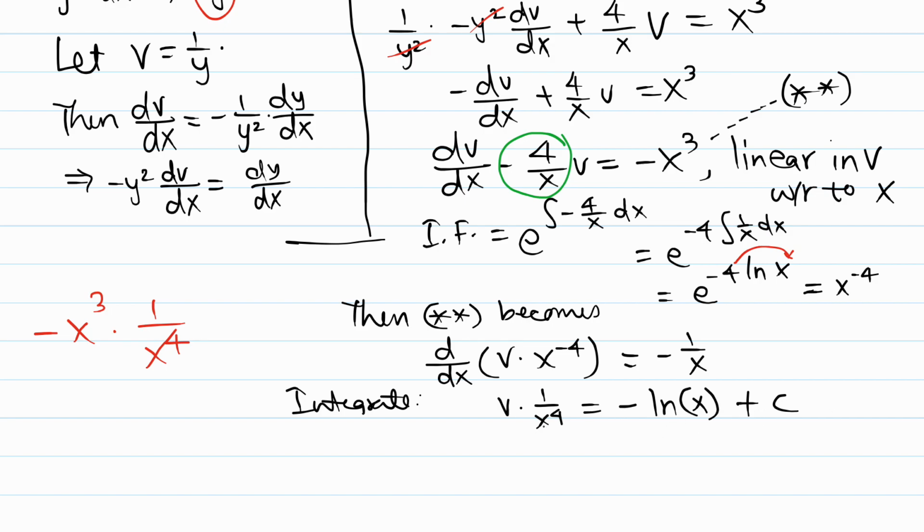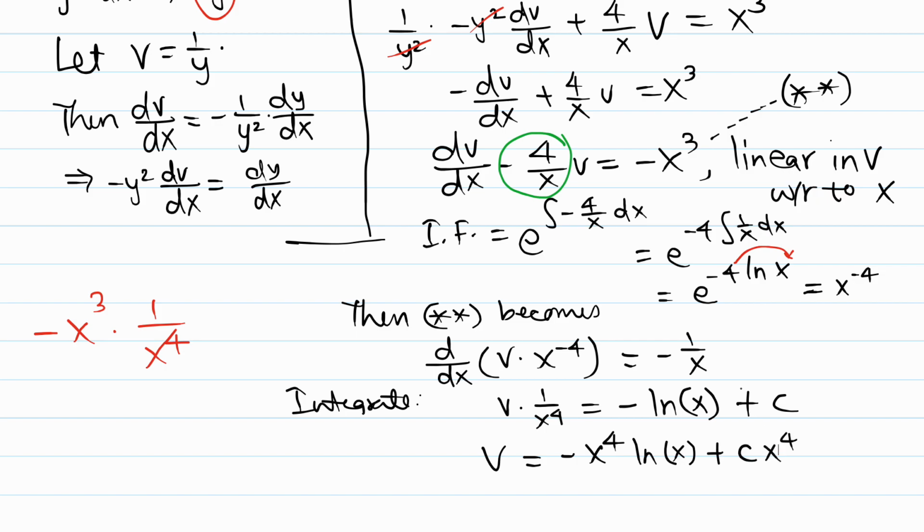Okay, now we can isolate v, and v is 1 over y, and eventually we can isolate y. So multiply both sides by x to the 4th, so v equals negative x to the 4th ln x plus c x to the 4th.